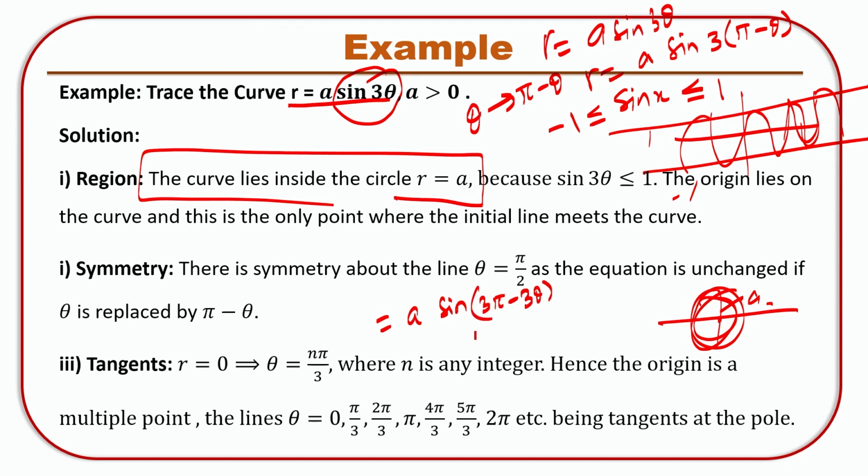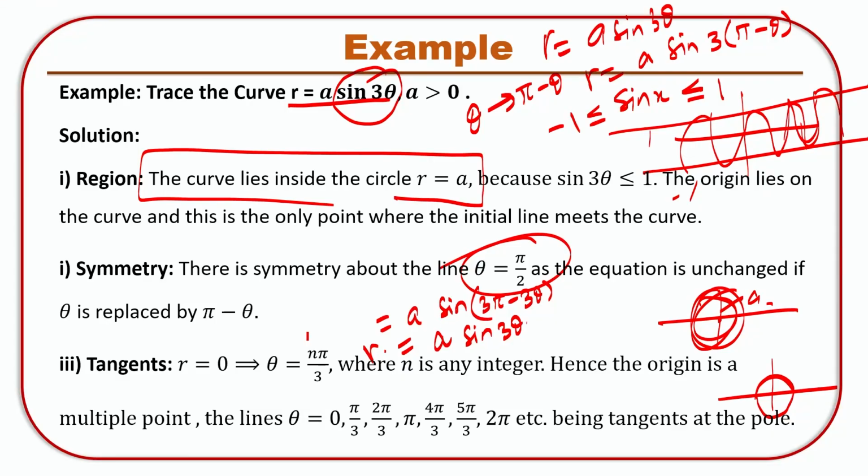And 3 pi minus 3 theta gives the same value as sin 3 theta, right. So, this will be r equal to a sin 3 theta. So, by changing theta to pi minus theta, the equation in polar form remains unchanged, and hence it is symmetrical about theta equal to pi by 2.